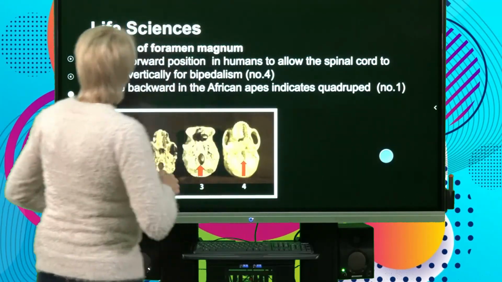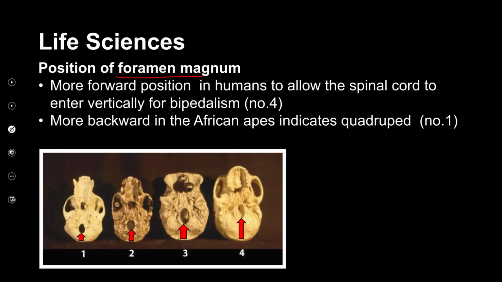Okay, so let's have a look at the first one, the foramen magnum, which means large hole. If we have a look at photograph number 4 here, this is a human cranium, or human skull, and here we can see where the foramen magnum is, as opposed to an ape cranium, where we can see where the foramen magnum is.